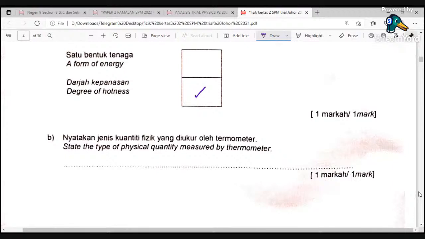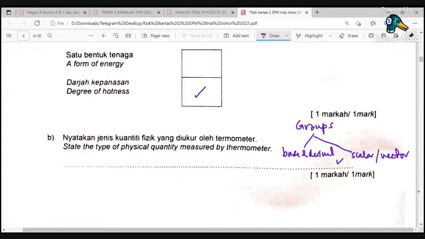Okay, B, state the type of physical quantity measured by thermometer. So there are two groups, and both will be accepted. Either you use base or derived, scalar or vector.